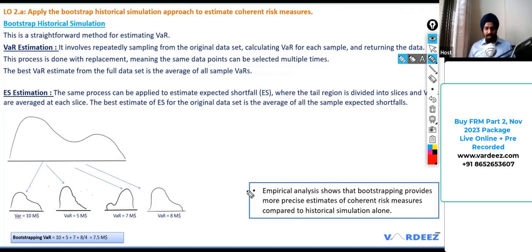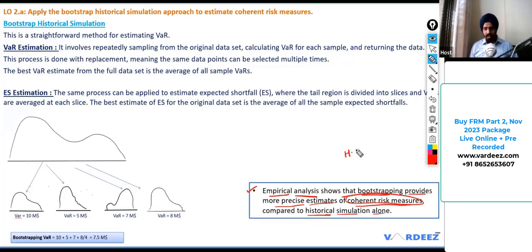The point to be noted is that the empirical analysis, what has been seen in the past, is that bootstrapping provides a more precise estimate of a coherent risk measure. Now, coherent is something that has 4 different properties, right? And something that is a better coherent measure is always preferred as compared to a plain historical simulation method.